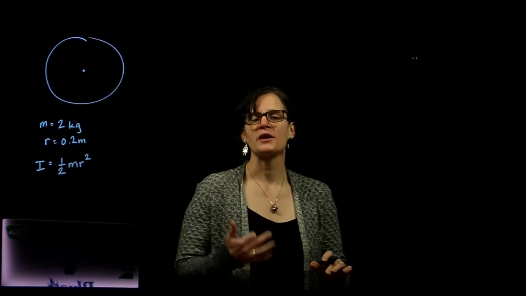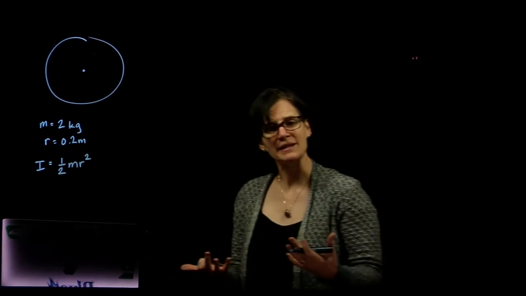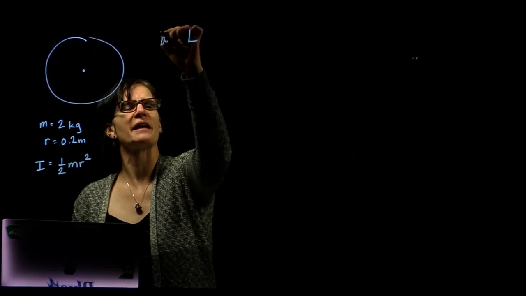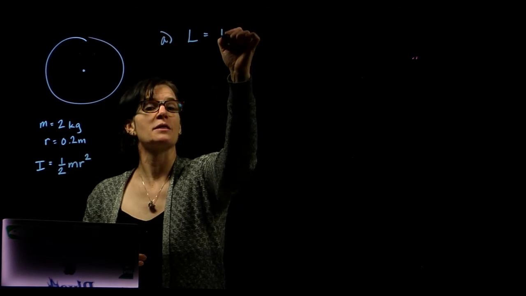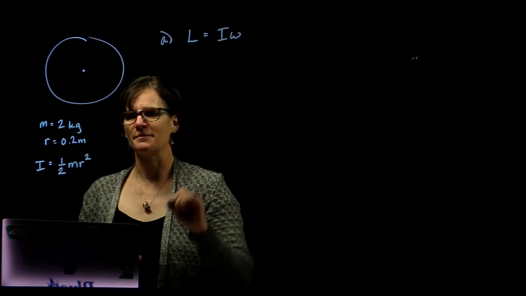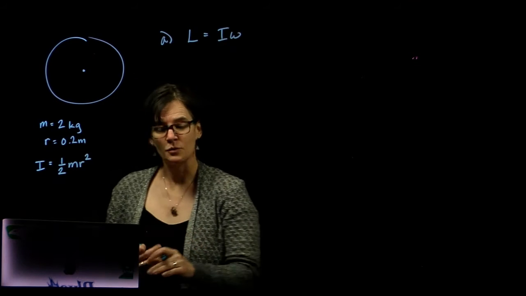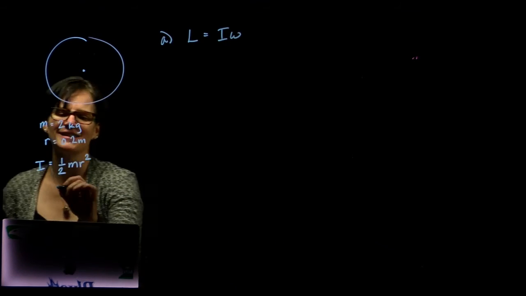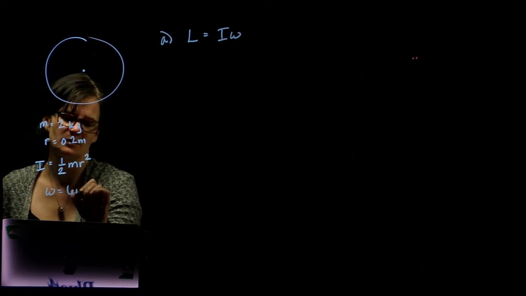So the first question is, what is the angular momentum? We know that angular momentum, so this is part A, is equal to the moment of inertia times the rotation rate. And so we want to know the angular momentum when the object is rotating at 6 radians per second.